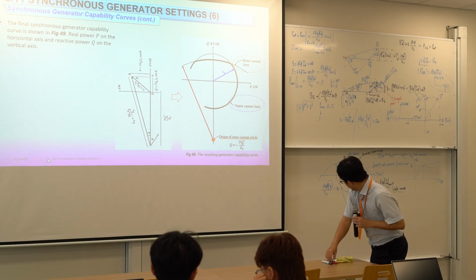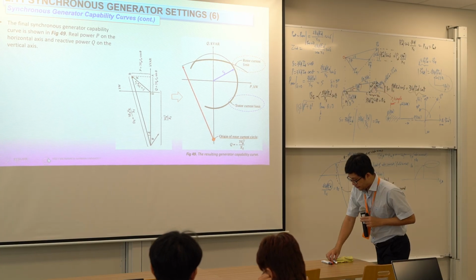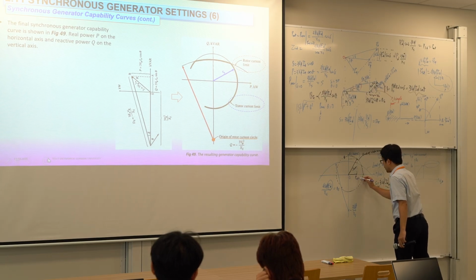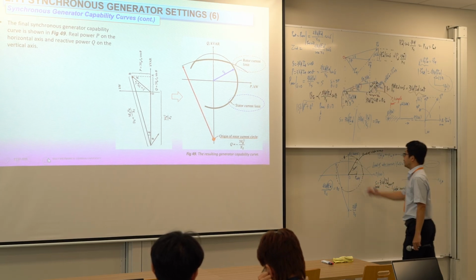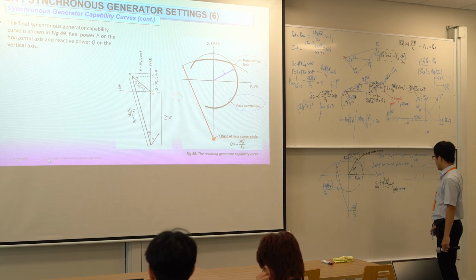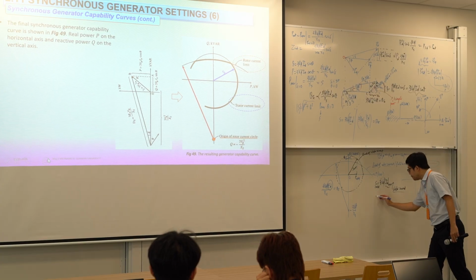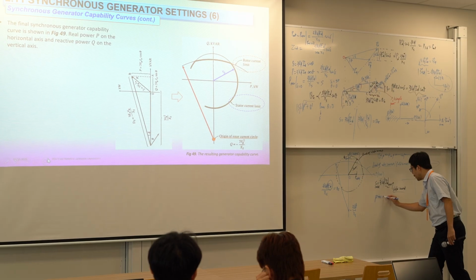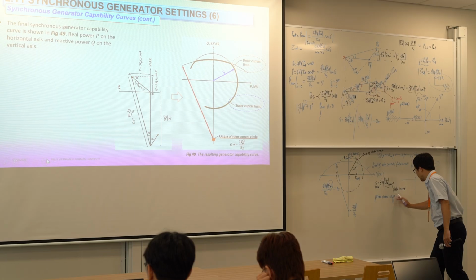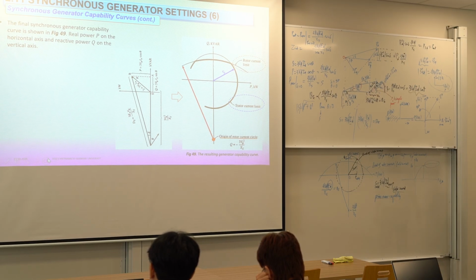Now we talk about another curve. Now we mention this V rated, Q rated. Now we talk about the prime mover capability.